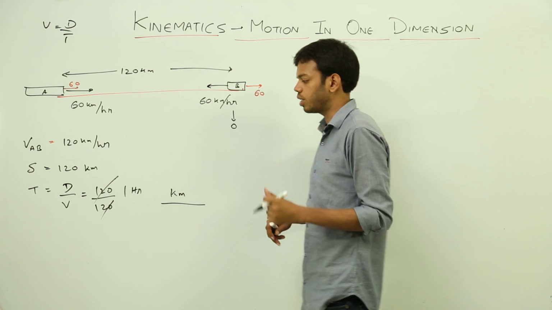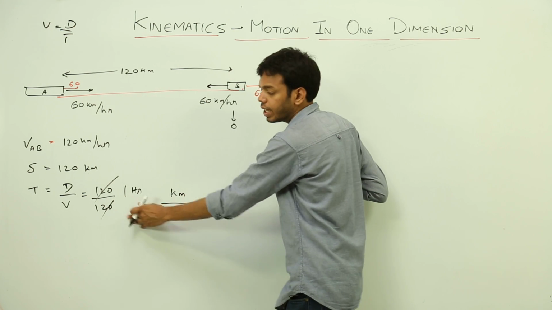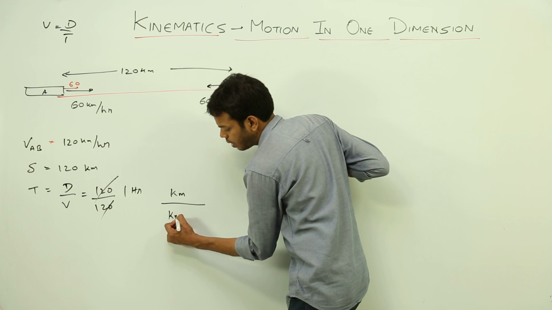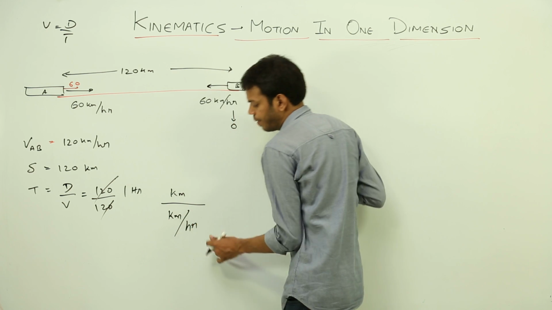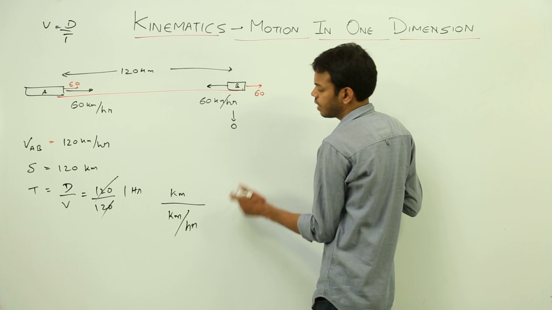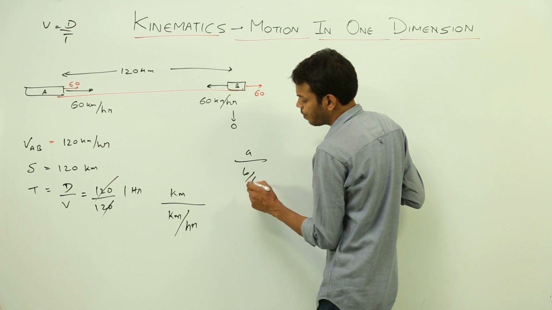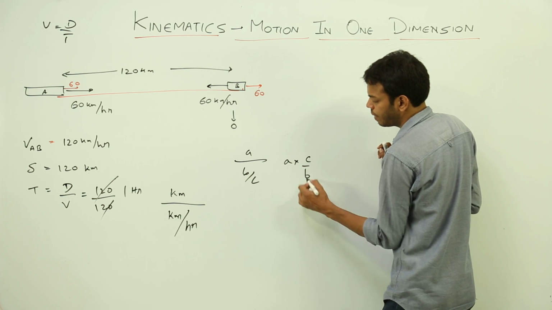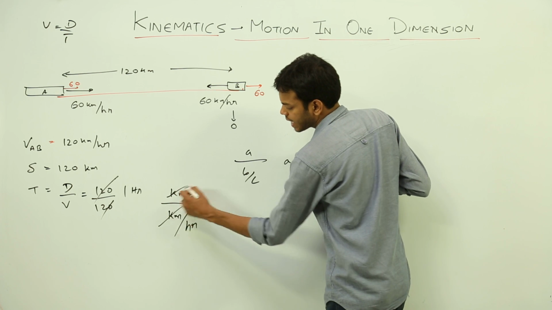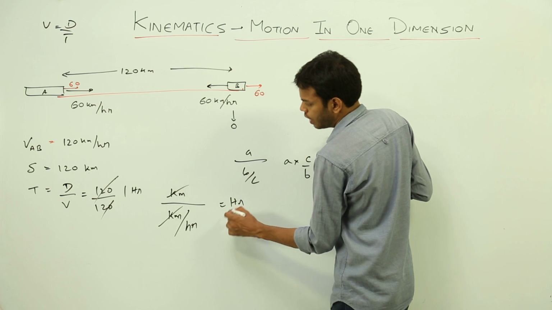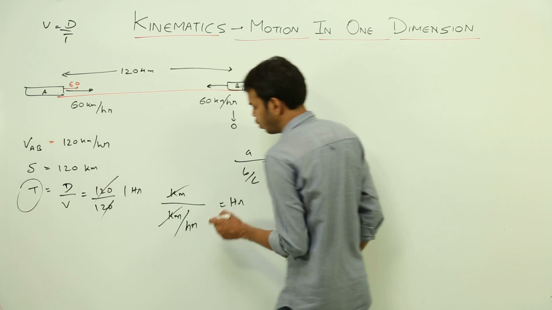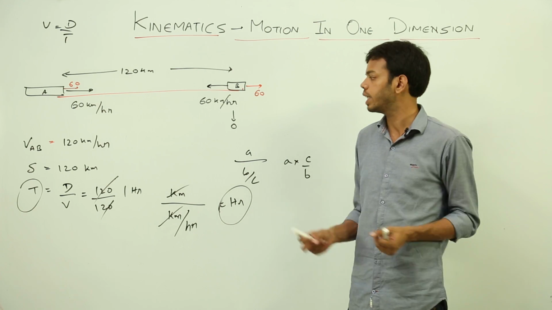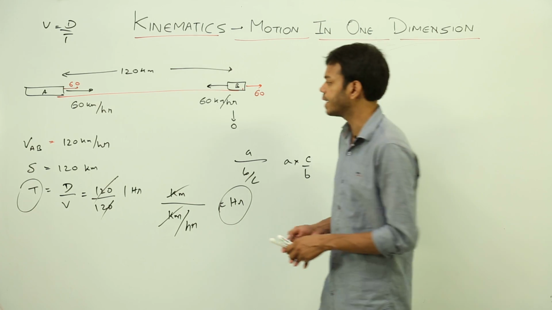So much easier for you now. On the denominator side, what do I have? I have kilometer per hour. This is in A upon B by C format, so this C will go up. This is basically A into C by B. So here this kilometer gets cancelled out and you are left with hour only. We were calculating time and our unit is in hours. So this will give you an idea whether your answer is right or wrong in terms of units, right?